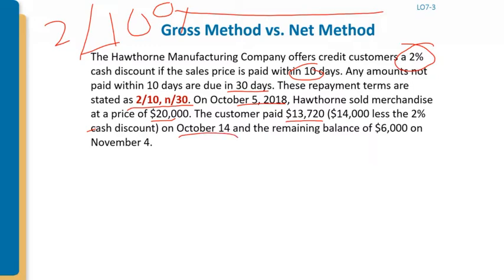So they purchased on October 5 and paid on October 14. It means that they paid within 10 days, so they will definitely receive a 2% discount, okay. And the remaining 6,000 was paid on November 4, meaning they did not receive any discount for the 6,000.